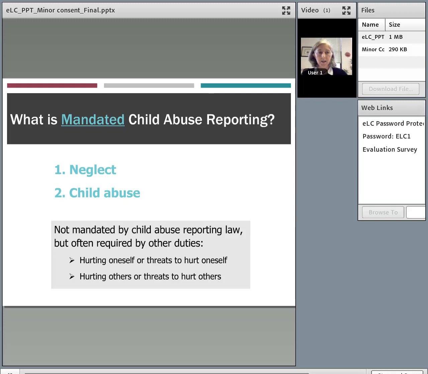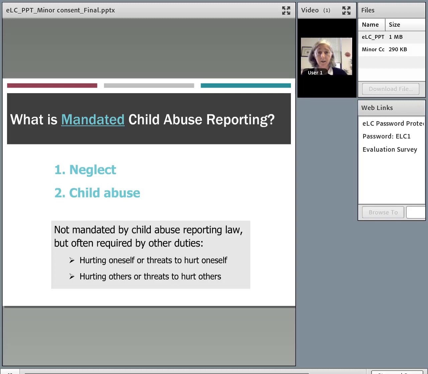Our state Child Abuse and Neglect Reporting Act, the California Child Abuse and Neglect Reporting Act, requires healthcare providers, when they have a reasonable suspicion of child abuse or neglect, to make a report to either law enforcement or child welfare.